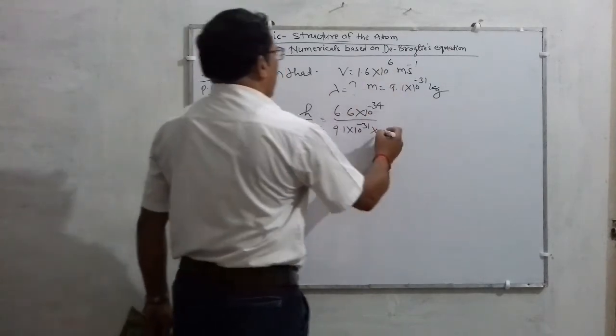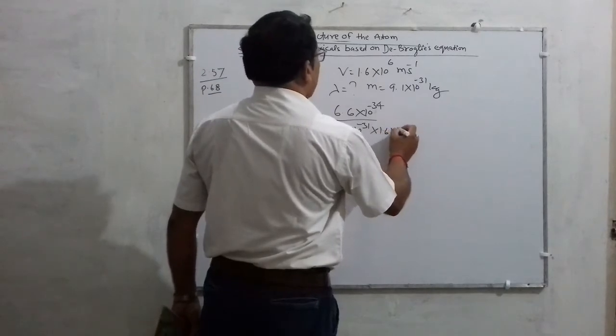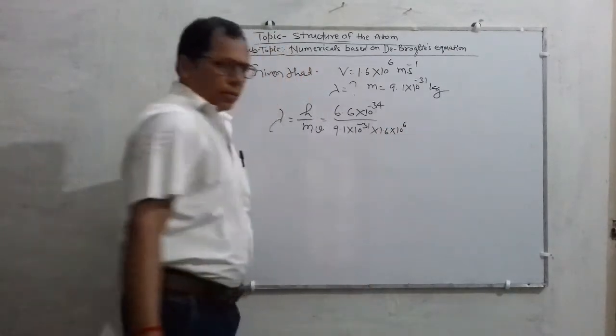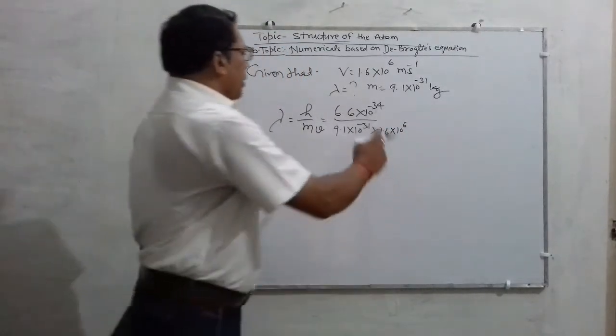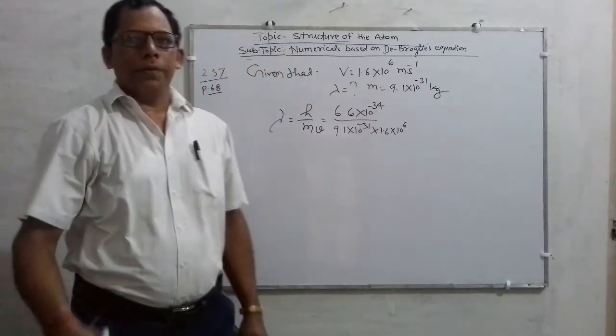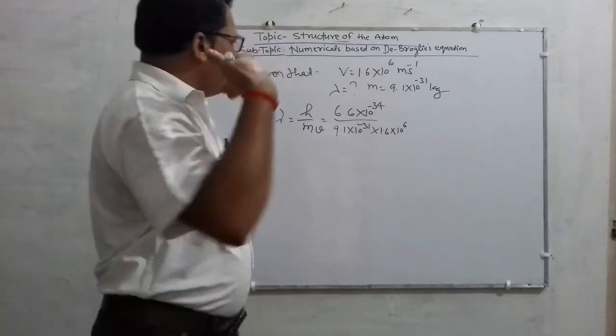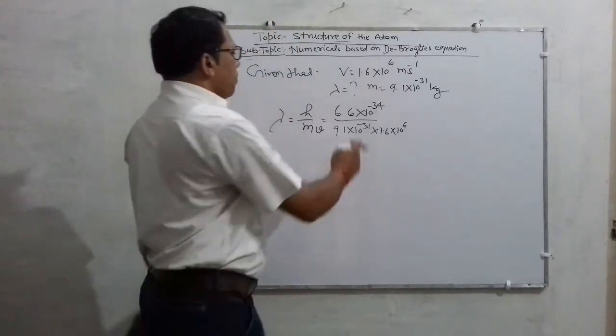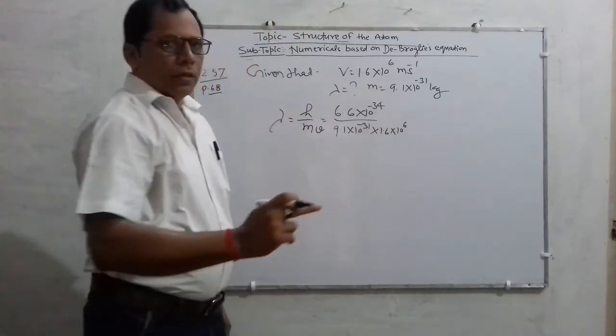V is given 1.6 into 10 to the power 6. So children, 10 to the power minus 31 and 10 to the power plus 6 become 10 to the power minus 25. Am I right?